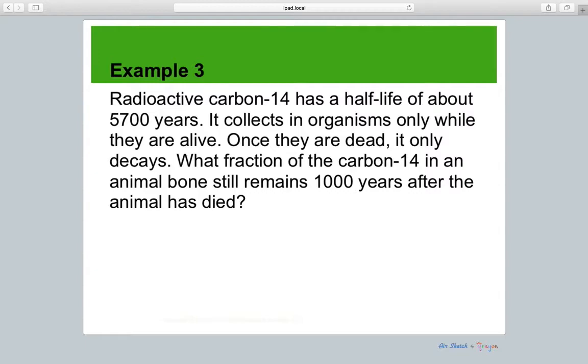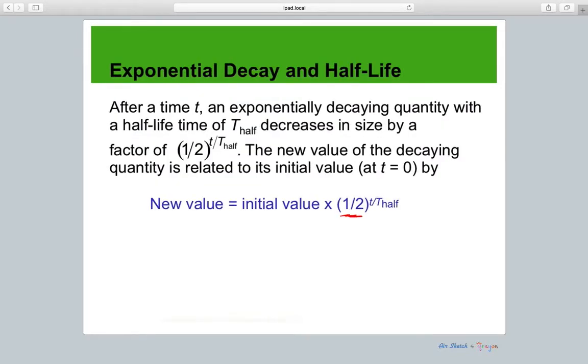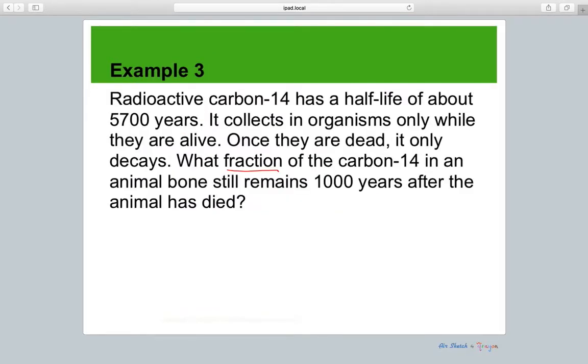It collects in organisms only while they are alive. Once they're dead, it only decays. What fraction of the carbon-14 in an animal bone still remains 1,000 years after the animal had died? Again, we're only looking for the fraction that remains, not a new value. So in this case, we only need this piece of our formula, the 1/2 to the t over T half.